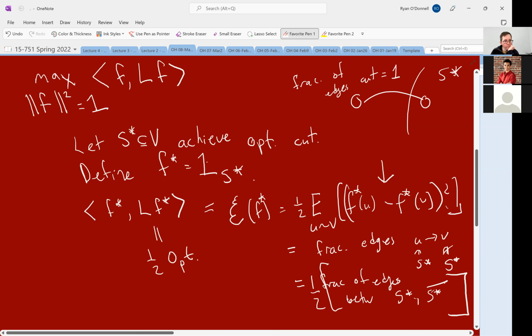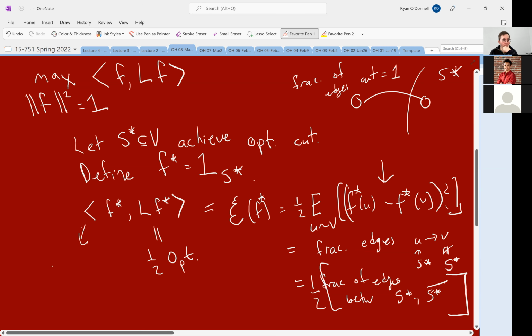And then, following some of the intuition that Cheeger's inequality has, in some sense we can say that this quadratic form will be upper bounded by the max that f can take, if you don't restrict f to be the specific indicator function of S star.